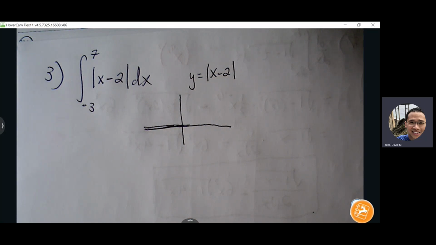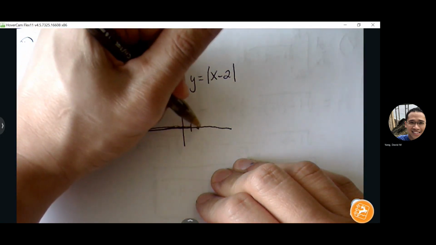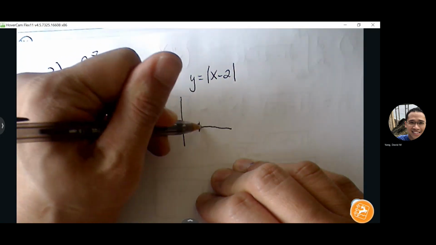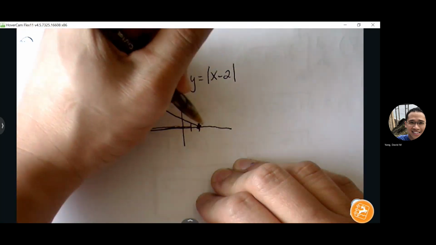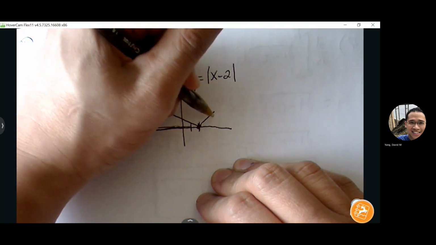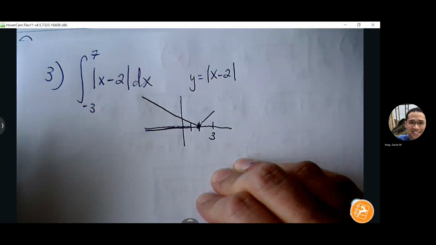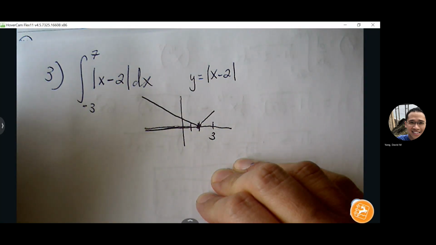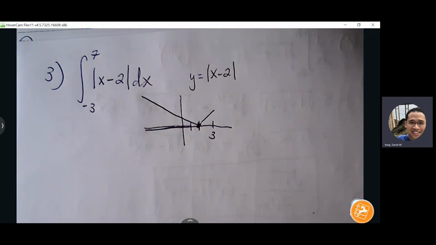Where's the vertex? At 2, yeah. Oops, sorry, -3 to 7.